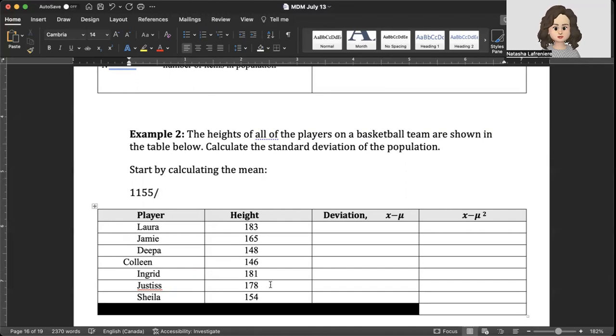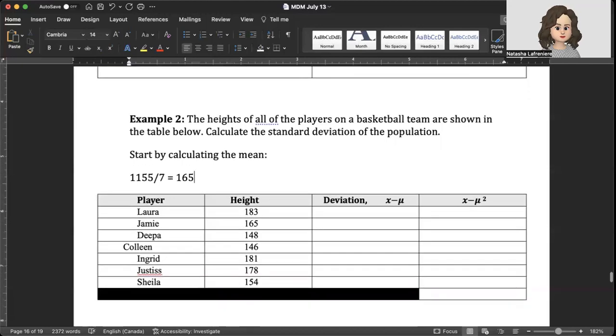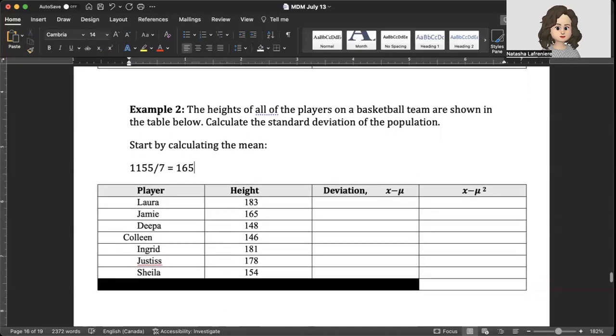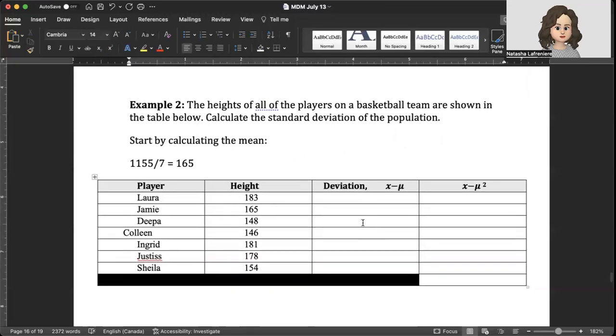And there are 7 pieces of data, so divide by 7, which gives us 165. If you do your height, take away your mean, it gives you your deviation. So you do 183, take away 165, is 18.